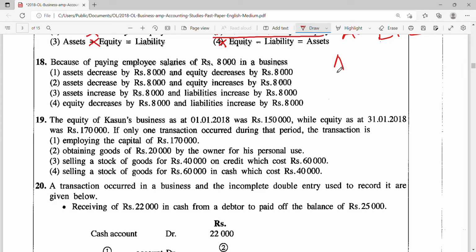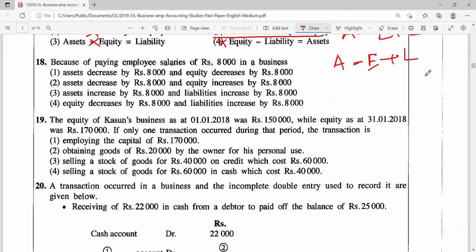You have your accounting equation here, assets equal equity plus liability. Will there be any impact on liability due to this? Are you doing anything with credit? Is there any unpaid salaries? No, you're paying your employee salary. So there will not be any change in the liability column.